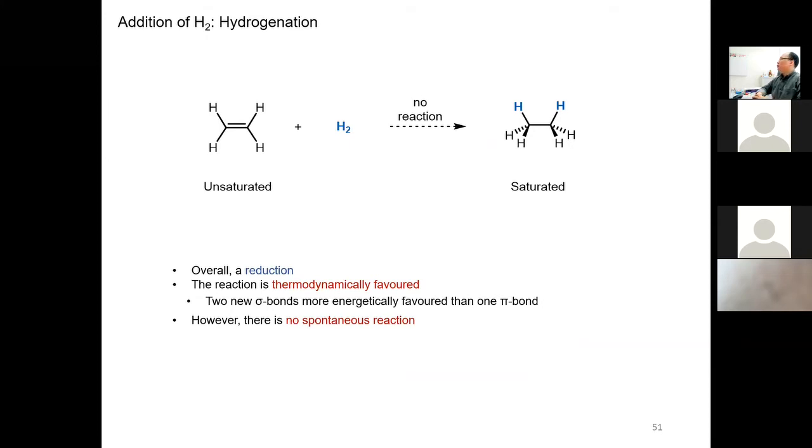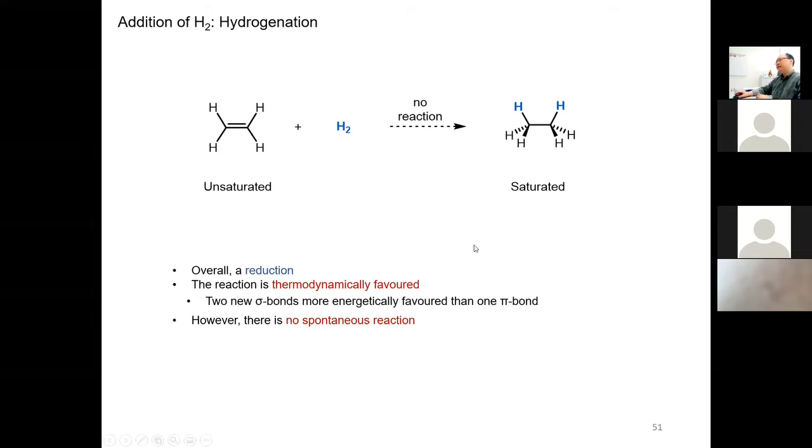So as we say, when we consider a reaction, we not only need to consider the thermodynamics of the reaction, we need to consider the kinetics of the reaction. Thermodynamic consideration is based on, if given enough time and enough energy, what the terminal product is going to be. In this case, it's going to be the reduction product.